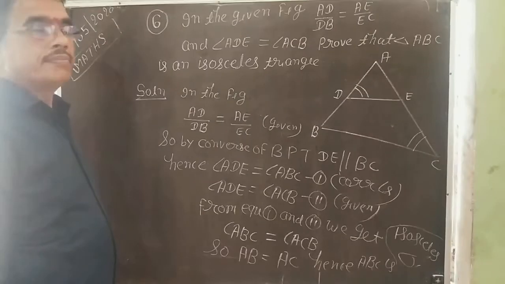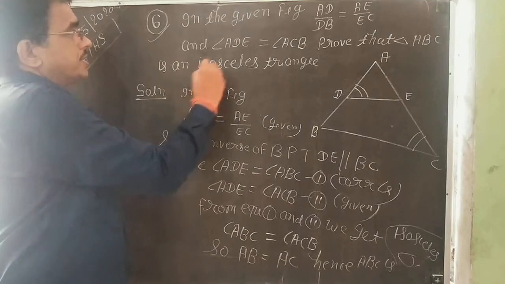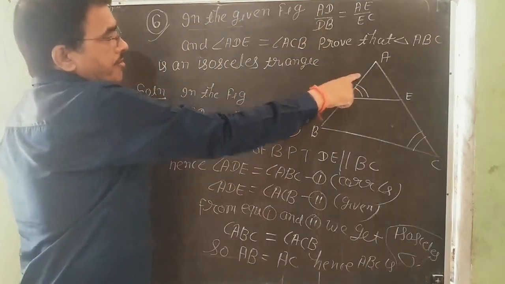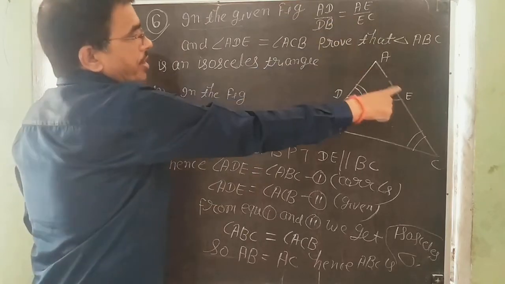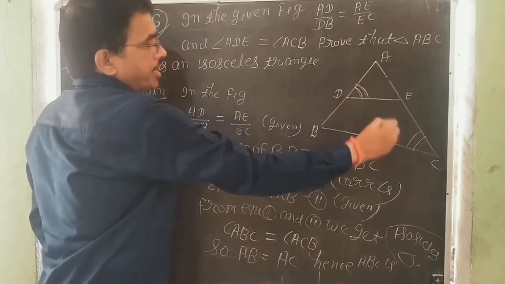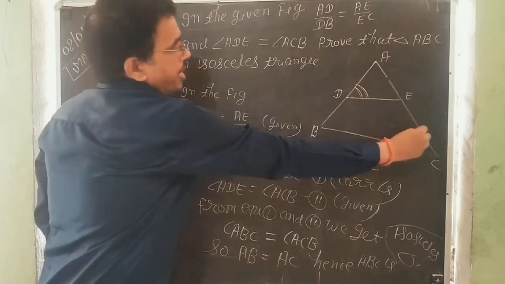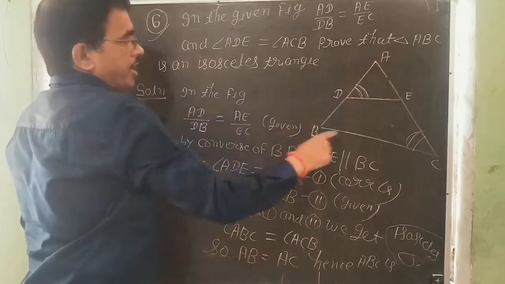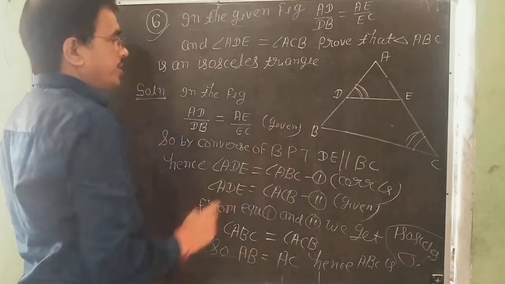Now say example 6. In the given figure, AD by DB is equal to AE by AC, and angle ADE is equal to angle ACB. It is given that, then prove that triangle ABC is an isosceles triangle.